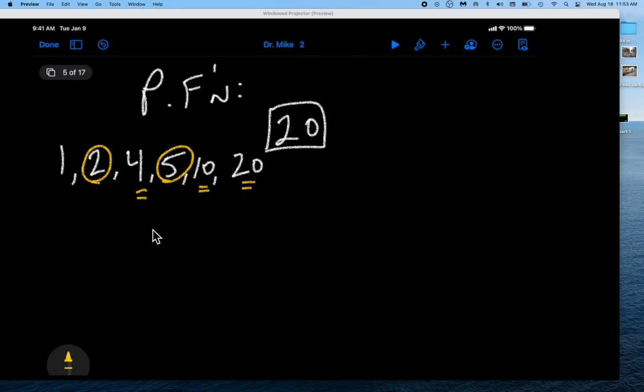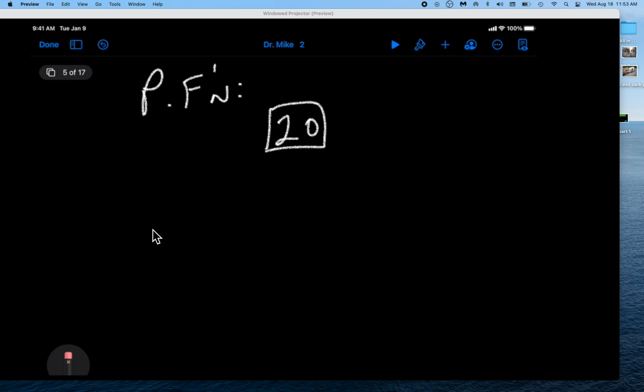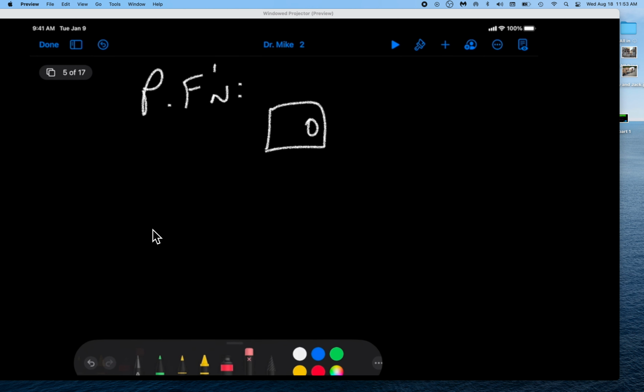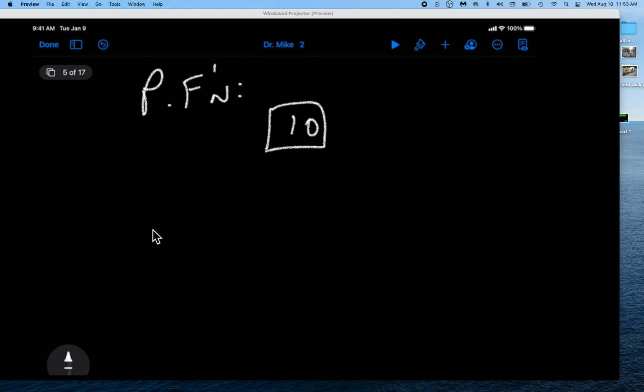So let me show you how to do this. I'm going to use the tree method. And actually, I'd like to start with a small number. Let's start with 10. I apologize. So the first thing you do is you break it up into 1 times itself. Then we take this number and we break this down. 2 times 5.